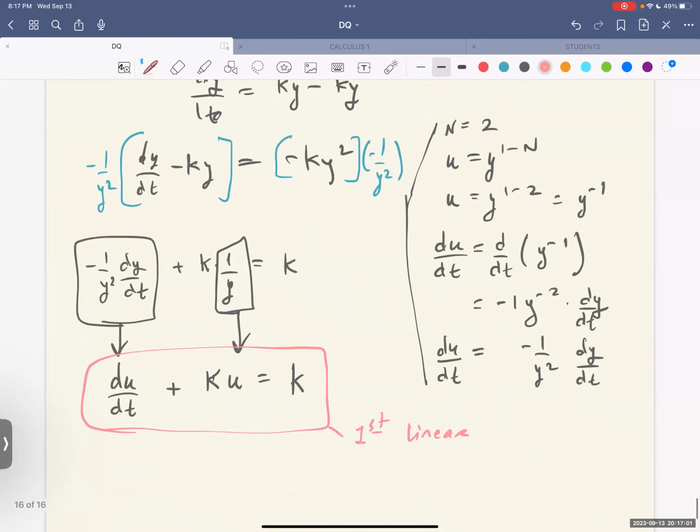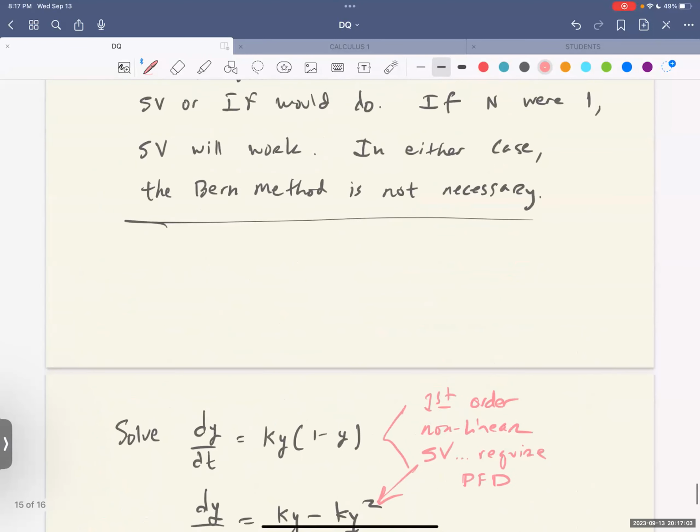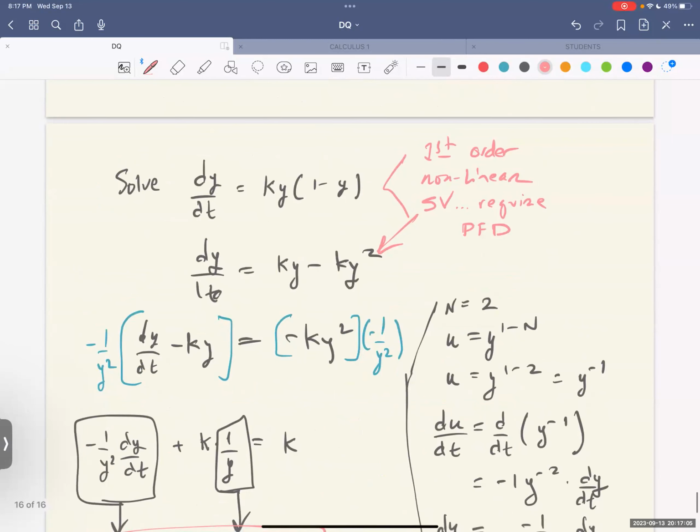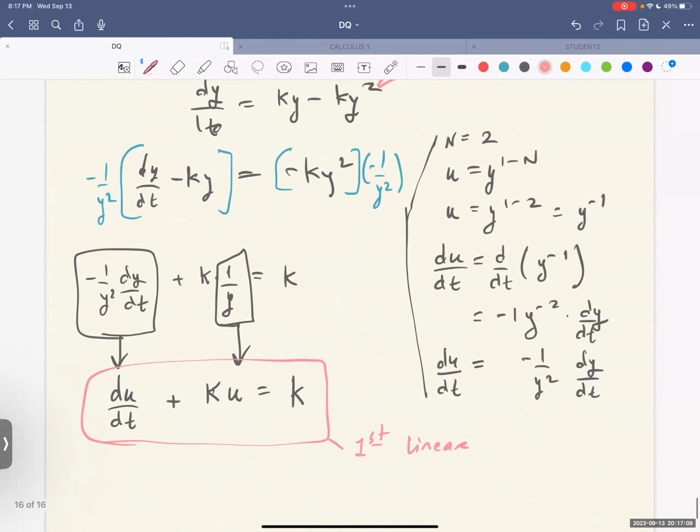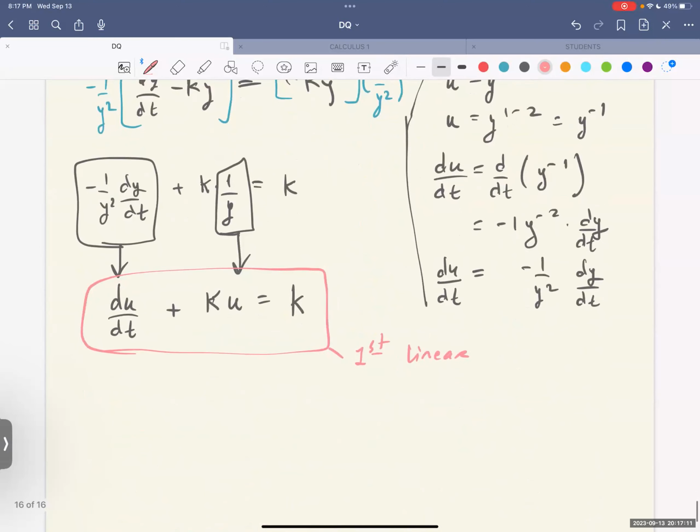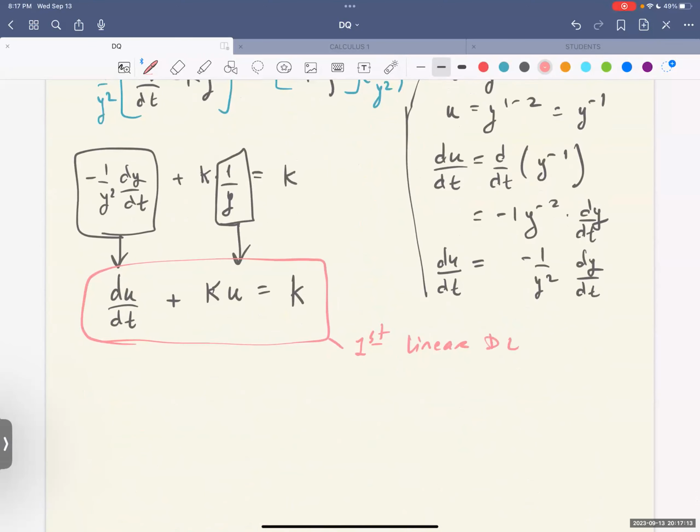But here we've taken a first order nonlinear differential equation, used Bernoulli substitution, and we have now a first order linear differential equation. So now you're back to using either separation of variables, if you can do that, or integrating factor, if you want to do that. You have either option.